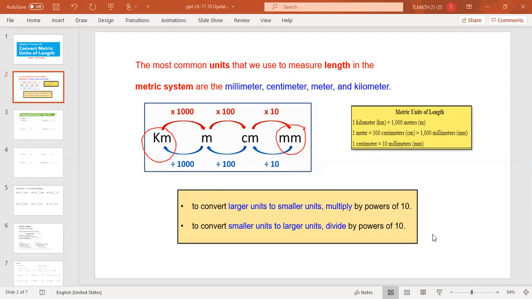So all of you have to know that when I want to convert larger units to smaller units, we multiply by the power of 10. And when I want to convert a smaller unit to larger units, we divide by powers of 10. Now let's have some examples to know how I can use this procedure to solve some questions.